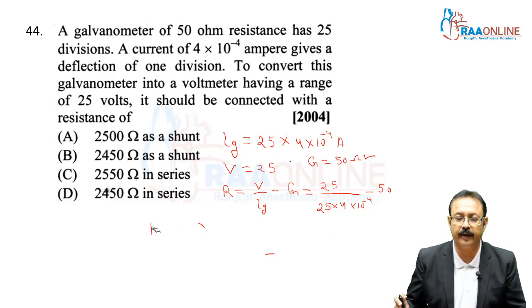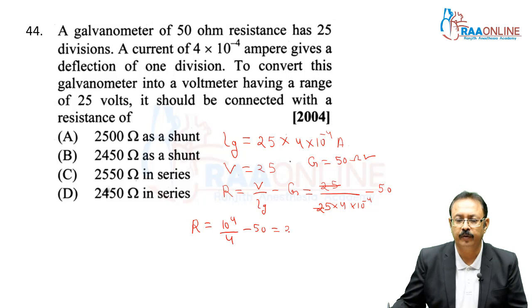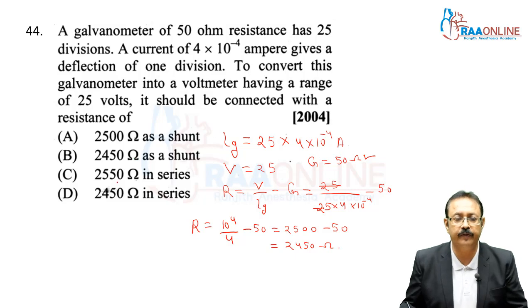So now what are we getting? R is equal to, take 10 to the power 4 in the numerator, by 4 minus 50. 10,000 upon 4, 2,500 minus 50. So we are getting 2,450 ohm. So 2,450 ohm in series.